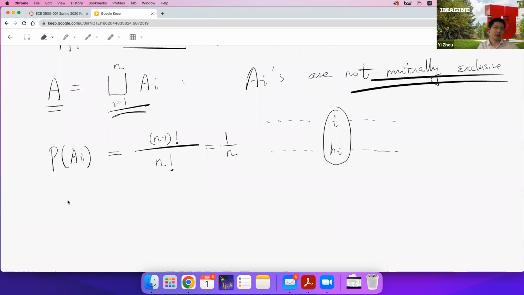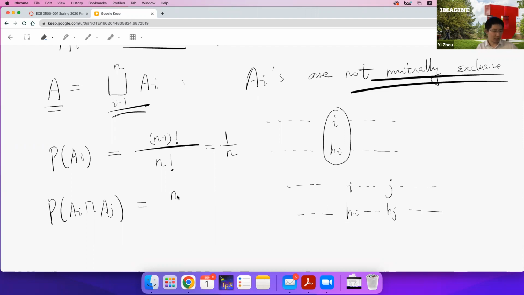So this is P(A_i). And then for P(A_i intersection A_j), the intersection of any two events, it's the same thing. Now two people have their hats back, so the rest of the n-2 people can be randomly reshuffled.